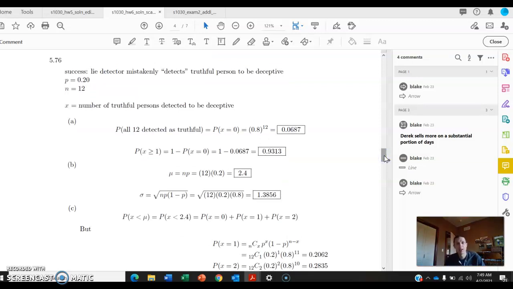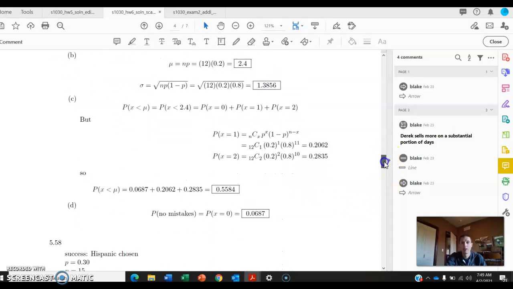It's talking about a lie detector with a sample size of 12 and a probability of 20%. So we have P of 0.2, N of 12. What is the likelihood that someone is truthful or deceptive?